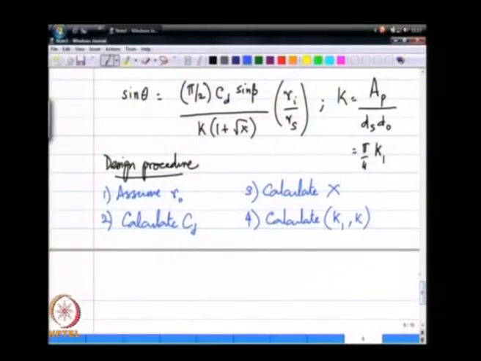Okay. So, I now have a way of going from a flow rate to, by assuming R0, which is one of my degrees of freedom, I can get some constraints on the other degrees of freedom. So, design is always an open ended problem, that there are multiple solutions to a given set of constraints.